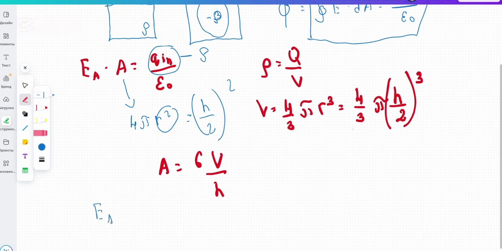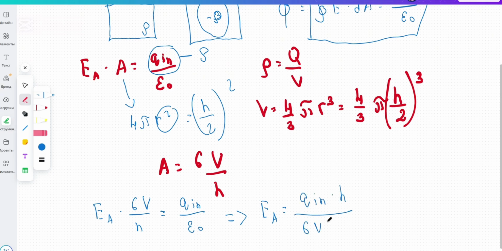So our formula will be 6 volume over h times E equals q inside over epsilon 0. So here we can find the electric field at point A. It will be equal to q inside times h over 6 V epsilon 0.